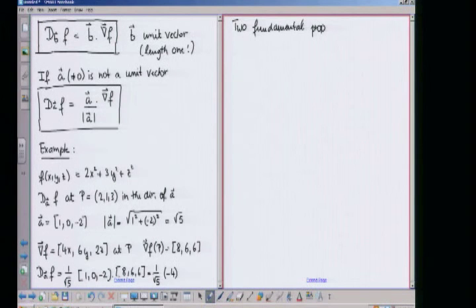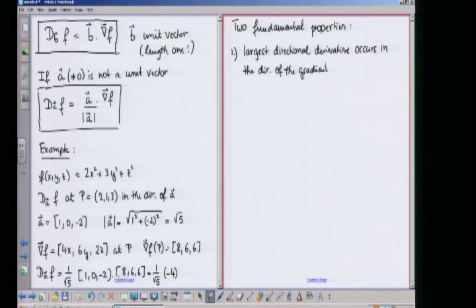And I'm afraid we won't be able to cover all of those today because we only have 10 minutes left. So, but I will nevertheless write them down for you first, okay? So that we can say that the largest directional derivative will always occur in the direction of the gradient, and this is something that's very important, right?